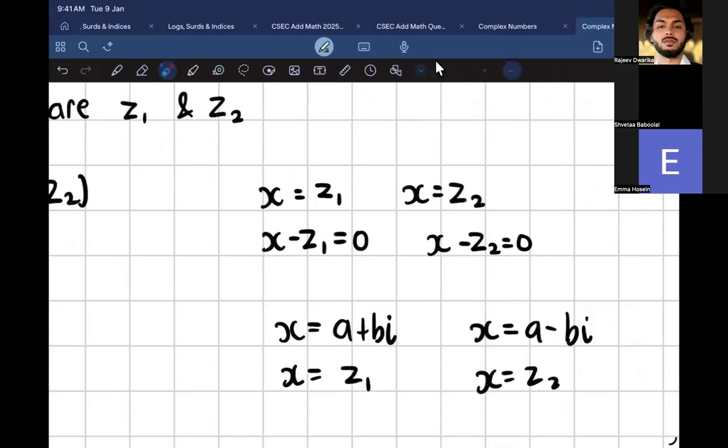And I could write a complex number in the form z is equal to a plus bi. So if you have a quadratic equation and its roots are complex, then one of the roots is going to be a plus bi, and the other root is going to be a minus bi. But instead of writing it like that, I'm going to write it as z1 and z2.